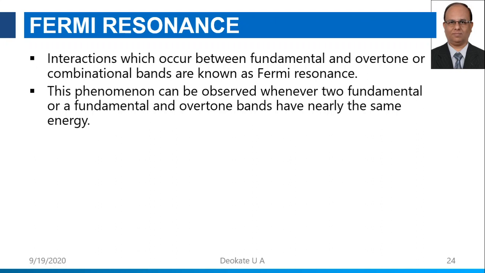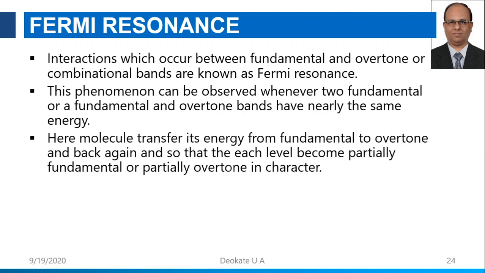Such vibrational coupling you can observe in instruments, if you are playing the guitar. When you play the guitar with multiple strings, when you touch one string, the other string also starts vibrating, and the vibrations of these two strings couple with each other. That is known as Fermi resonance. This phenomenon can be observed whenever two fundamentals, or a fundamental and an overtone band, have nearly the same energies.